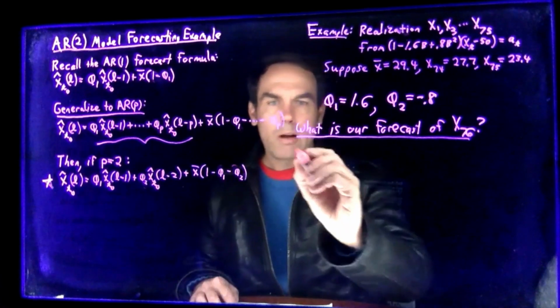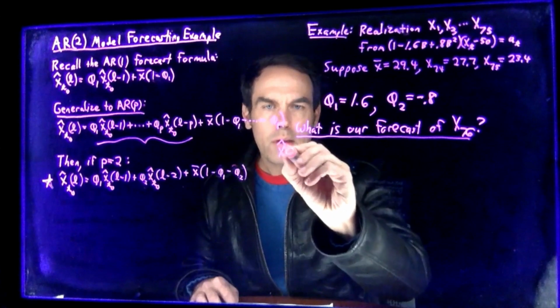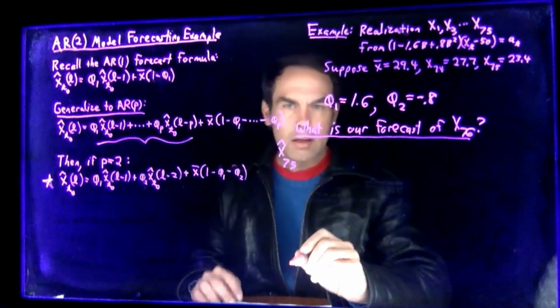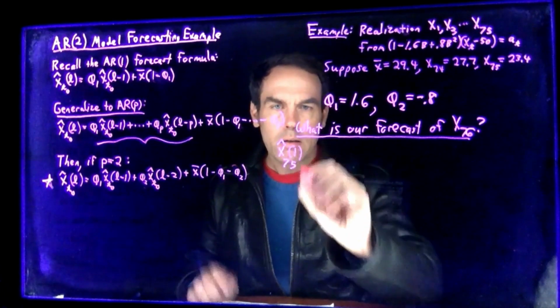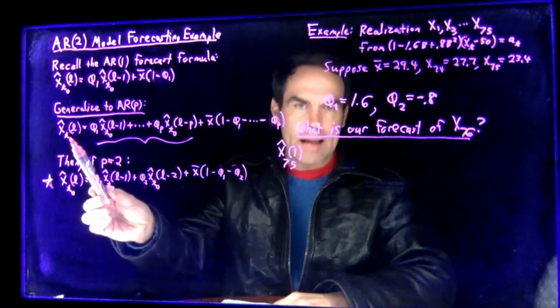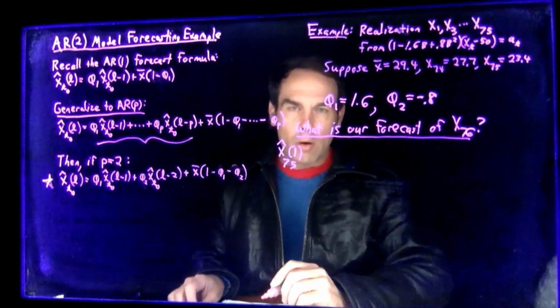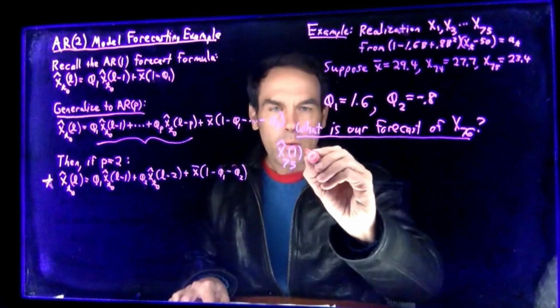So really what we're asking ourselves, in the notation that we've discussed just recently, is we want x hat of 75 of 1. As I said, that is one step ahead of the forecast origin of 75. Well, what we should do is trust this formula over on the left side. So we will do that.